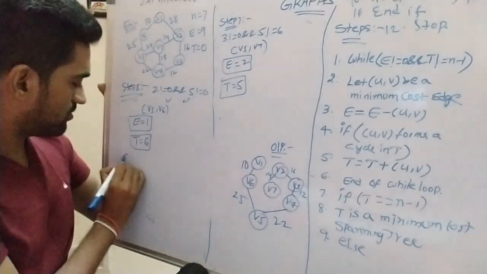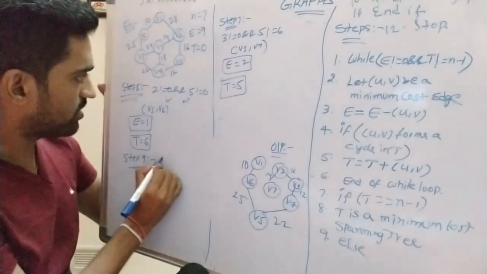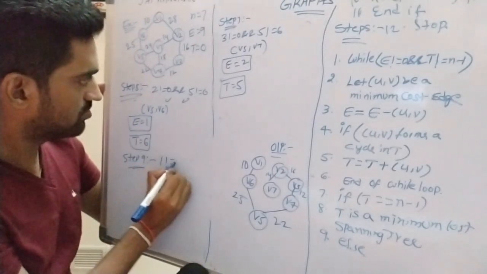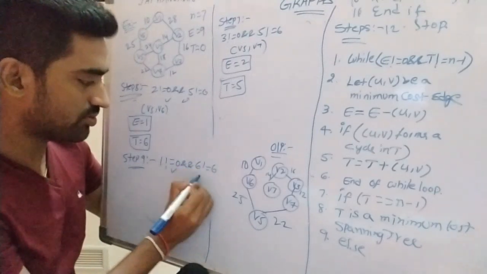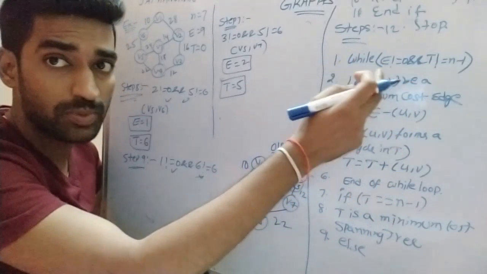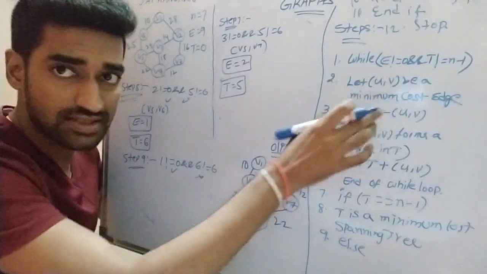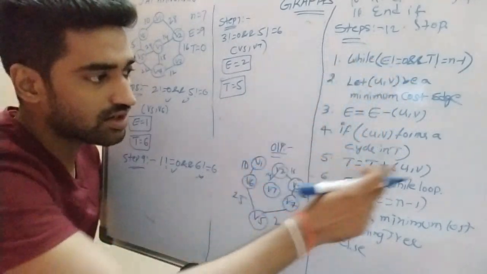Again we are checking the condition. Step 9. 1 not equal to 0, logical AND of 6 not equal to 6. So this is true, this is false. If any one is false, we are not entering these steps. Why? Because in a logical AND operation, if both are true then it returns true; if any one is false, it returns false. So that's why we are not entering these steps.